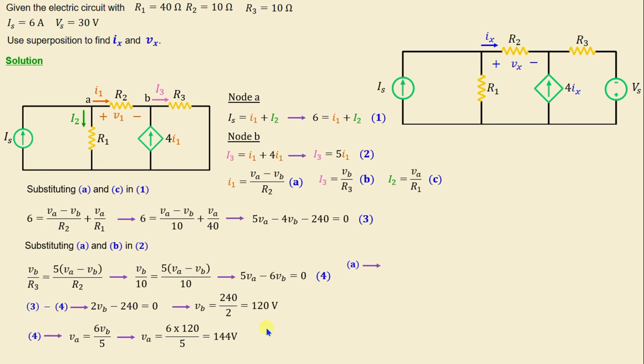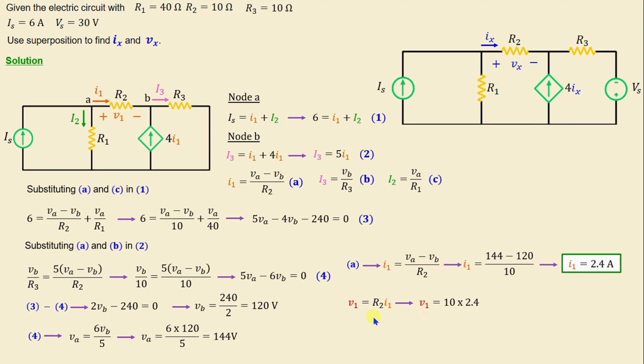And from equation A, we have I1 is equal to VA minus VB over R2. And if we replace VA, VB, and R2 with their numerical values, we obtain I1 is equal to 2.4 amps. And now, according to Ohm's law, the voltage V1 across the resistor R2 is equal to R2 times I1. And if we replace R2 and I1 with their numerical values, we obtain V1 is equal to 24 volt.